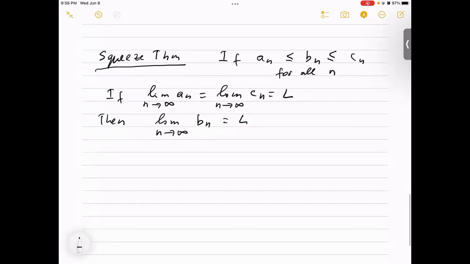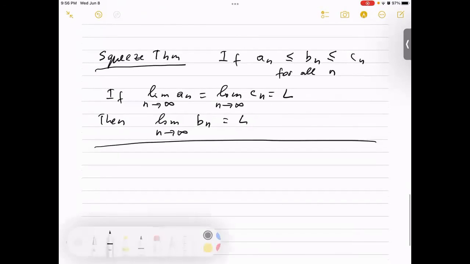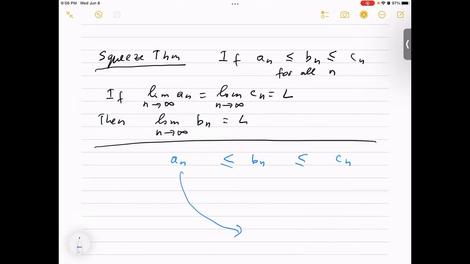So let's try to see why and how that works. Just imagine we have b_n, a_n, and c_n, and b_n is sitting between a_n and c_n. What is going on is a_n and c_n are going to approach the same number. That's what this line is saying: that the limit of the smaller and the limit of the bigger sequence is the same.